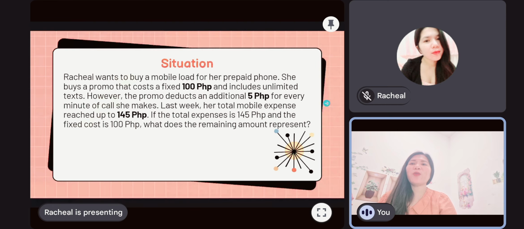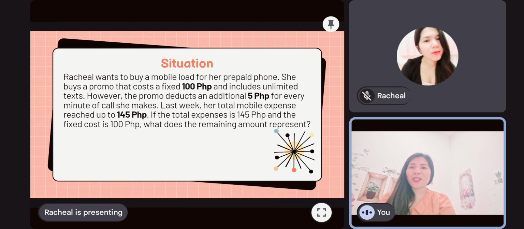Here is another situation. Rachel wants to buy a mobile load for her prepaid phone. She buys a promo that costs a fixed 100 peso and includes unlimited text.